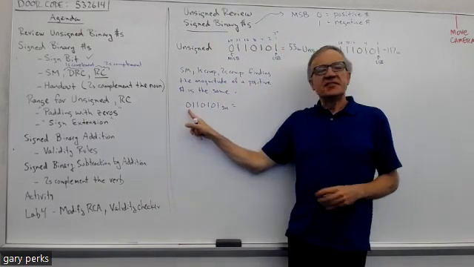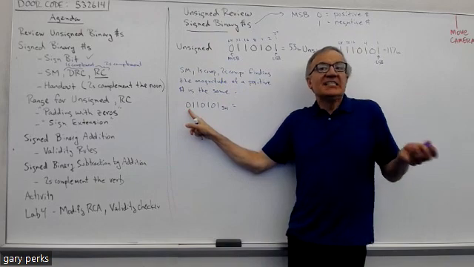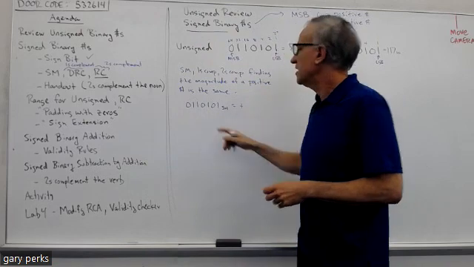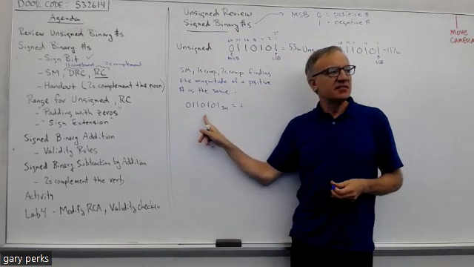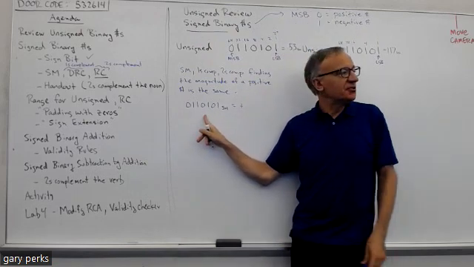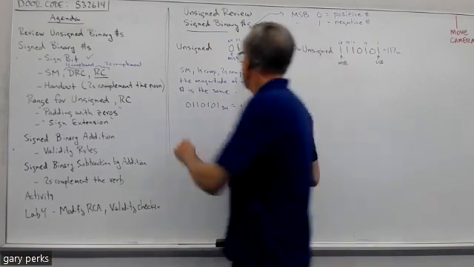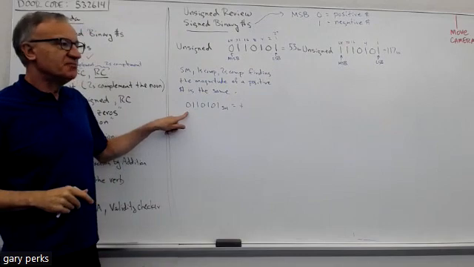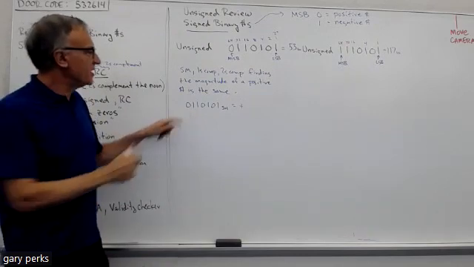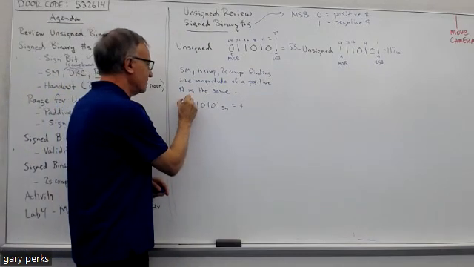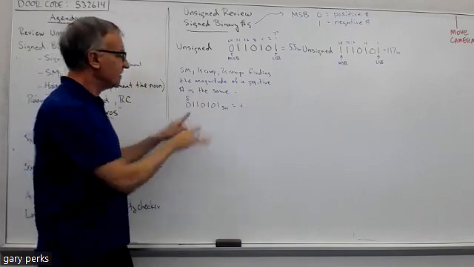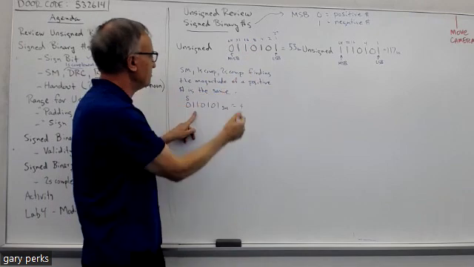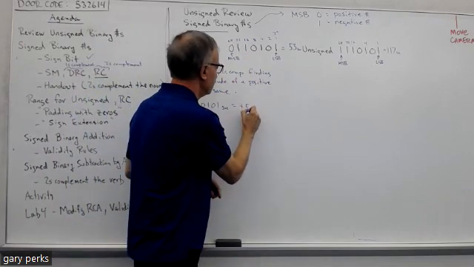Well, other than the fact that this most significant bit doesn't have numerical value but tells me it's positive, the way I find the magnitude is the same as when we do unsigned. Okay, so if this is a signed magnitude binary number, this 0 here, the most significant bit, that's the sign bit. So that tells me it's positive, and now I get the magnitude the same way I would with an unsigned, right? So this would be a plus 53.